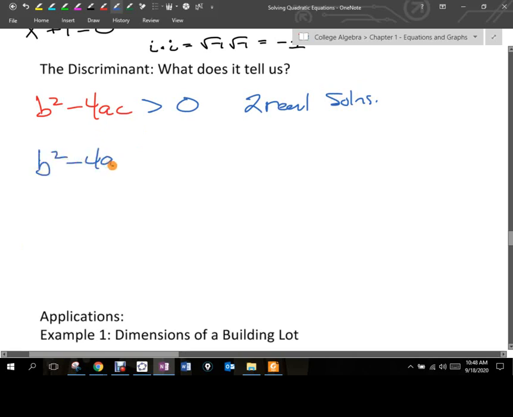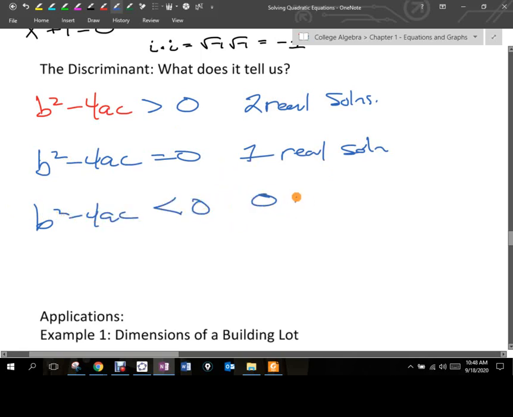B squared minus 4AC equals 0. How many solutions was that? 1. 1 real solution. And then B squared minus 4AC less than 0, or negative: no real solutions, but it did give me 2 non-reals, right? It doesn't mean that I don't have something written down. I still have something written down, but they incorporate i, okay?